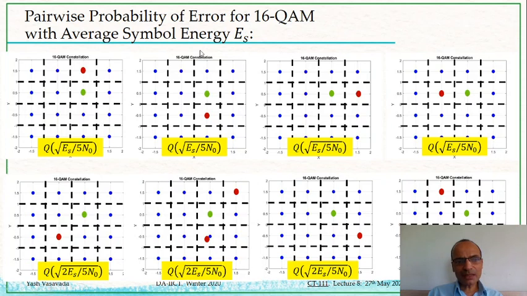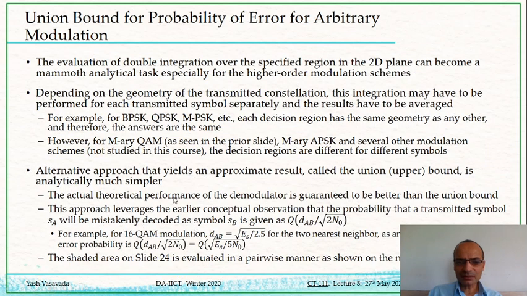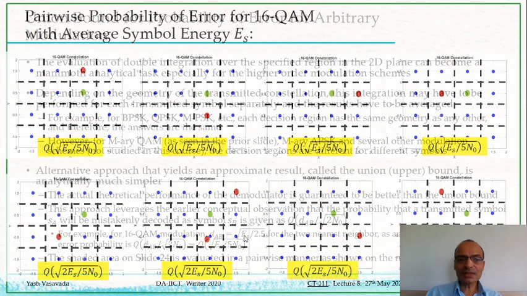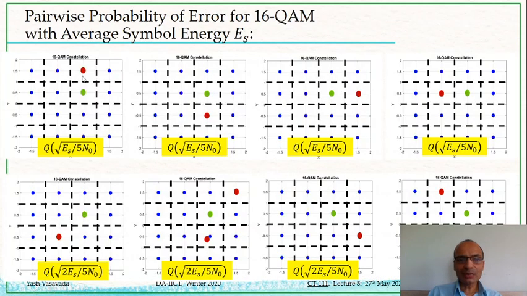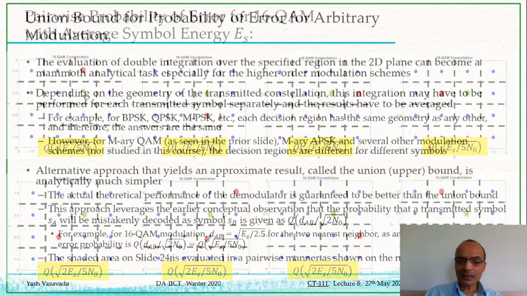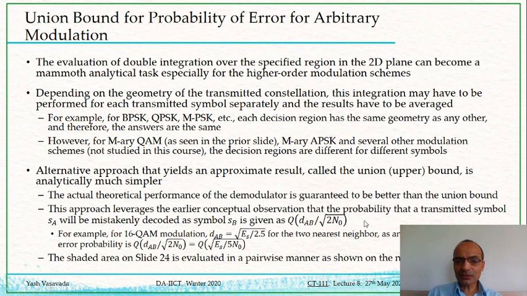What is the probability that this symbol gets mistaken as this red symbol? You already saw that here. It is Es over 5 N naught. Why is it Es over 5 N naught? Because the distance between these 2 points is square root of Es divided by 2.5. And then we just apply this formula.